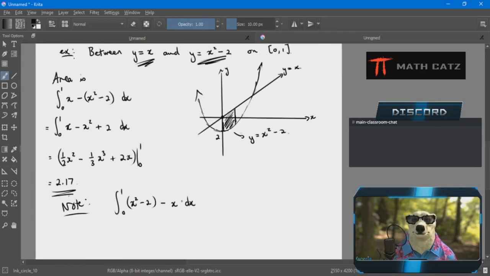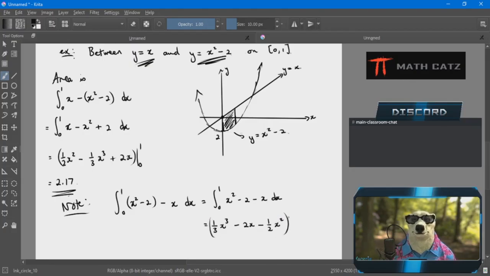So in a more complicated situation where I don't know what the graphs look like, how they behave, I'm just going to guess. Let's see what happens there. Well, then I'm still going to simplify this first to see what integral do I really have. Okay, not much there. Then I'm going to do my antiderivatives. I'm going to get a third x cubed minus 2x minus a half x squared.